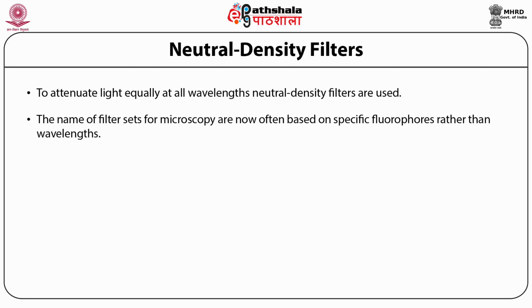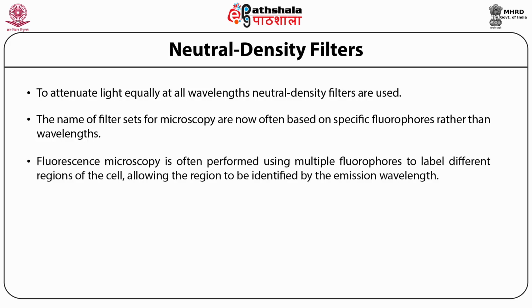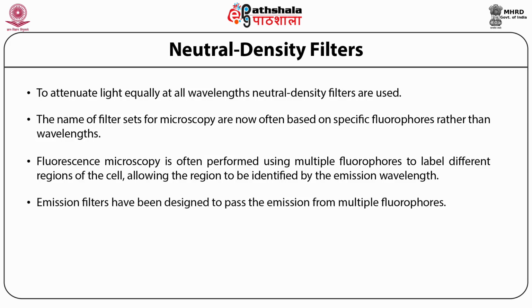The names of filter sets for microscopy are now often based on specific fluorophores rather than wavelength. Fluorescence microscopy is often performed using multiple fluorophores to label different regions of the cell, allowing the region to be identified by the emission wavelength. Emission filters have been designed to pass the emission from multiple fluorophores.